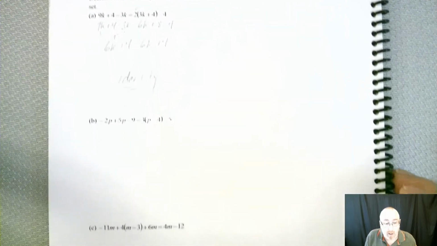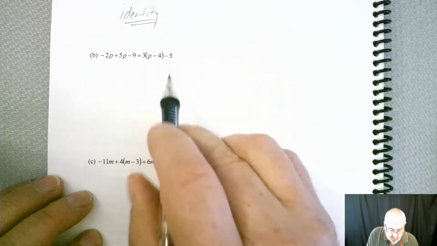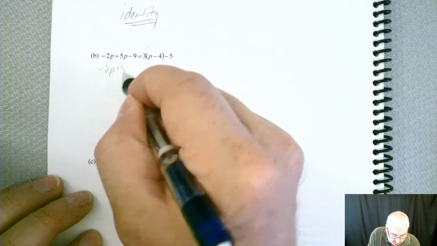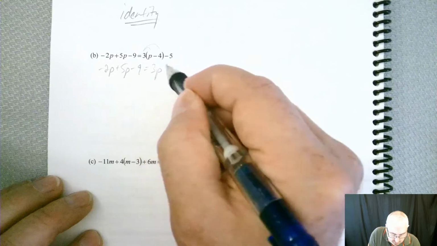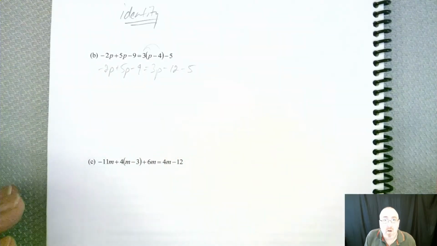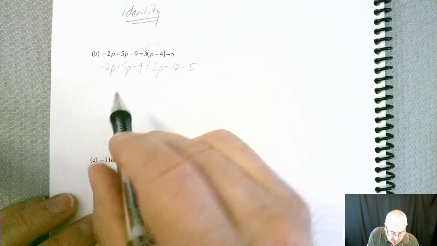Okay, let's take a look at the next one. Very similar, let's do the distribution first. Negative 2p plus 5p minus 9, 3p minus 12 minus 5. Okay, not anything too drastic yet. Let's combine our p's.